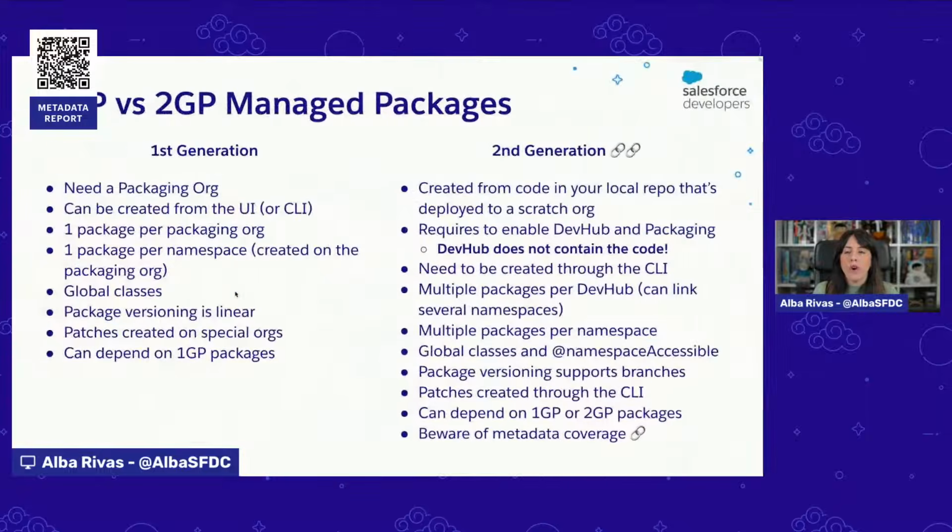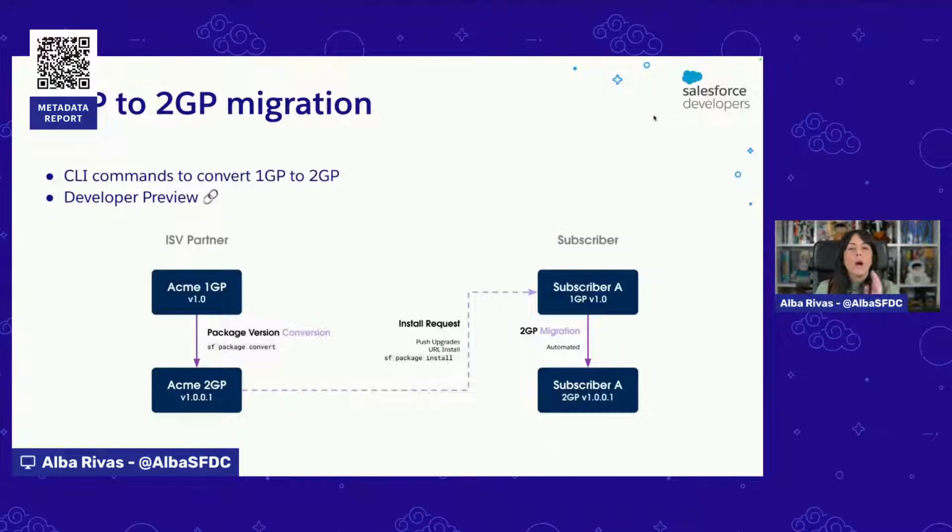I wanted to also talk about 1GP to 2GP migration, right? We are working on some CLI commands that are going to let you do that migration seamlessly. So if you have 1GP packages and you want to migrate to the new approach, it's easy for you to execute that migration, right?